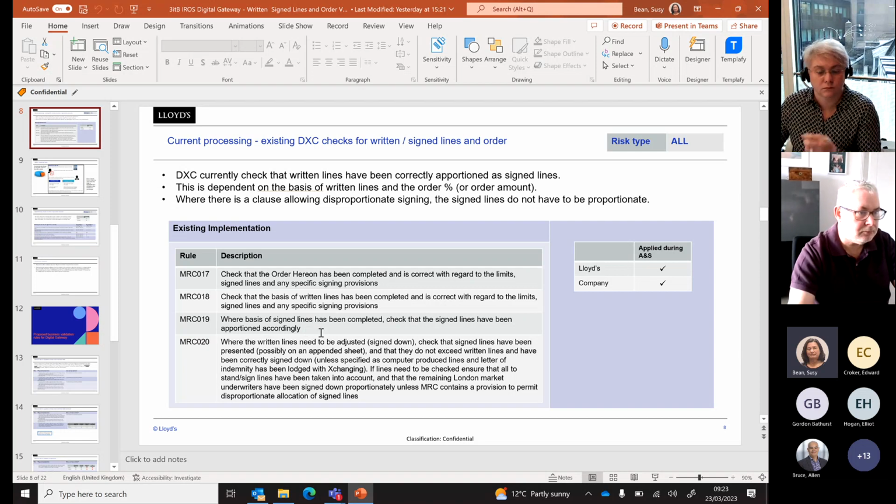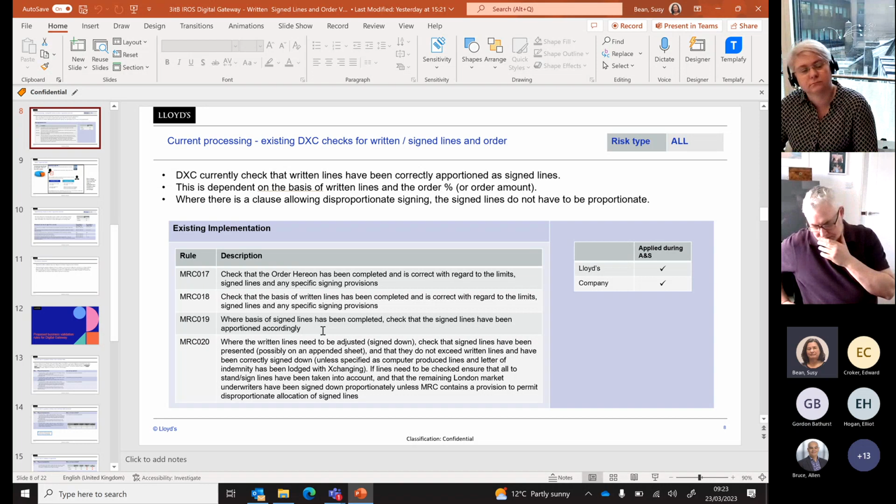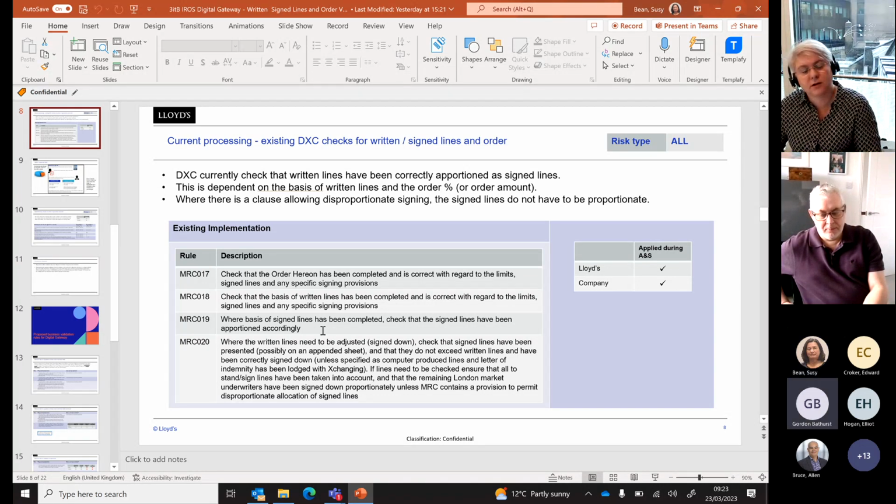So we'll check they've been apportioned correctly, but we have to be aware that sometimes they won't have been done proportionately. Okay, I think that goes back to Rob's point about this being a rule from the 70s. I struggle that people would get that wrong.